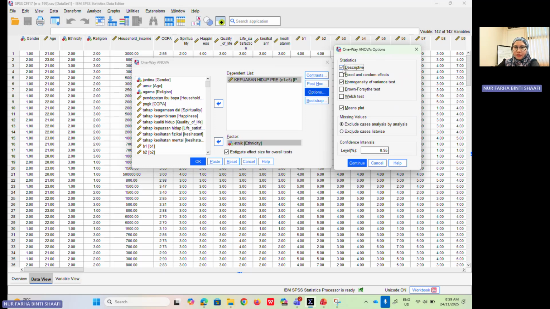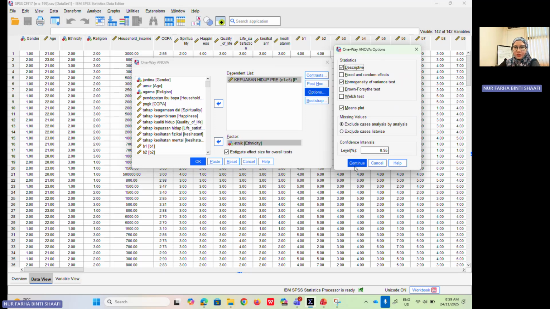You need to check Descriptive. Then check Homogeneity of variance test. And the last one, check the Means plot. So there are 3 things that you need to check. Again, I repeat: Descriptive, Homogeneity of variance test, and also the Means plot.